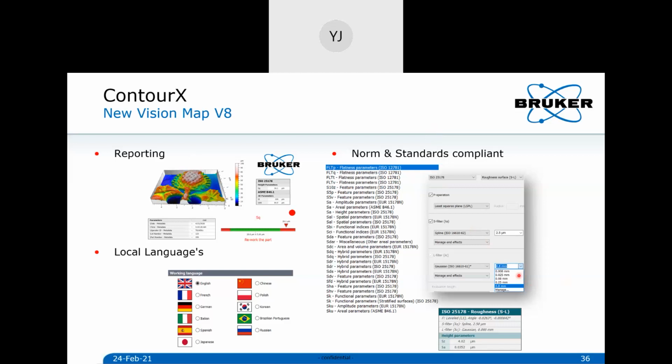It could be, for example, what's the filter wavelength, what's the lambda S filter, what's the lambda C filter, etc. You have good control so that you not only make a good report, but also data comparable to other data published elsewhere, from your other factory sites or from other publications.